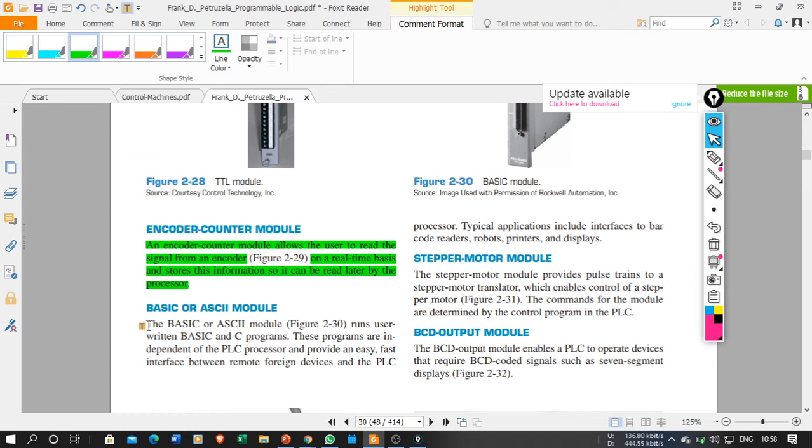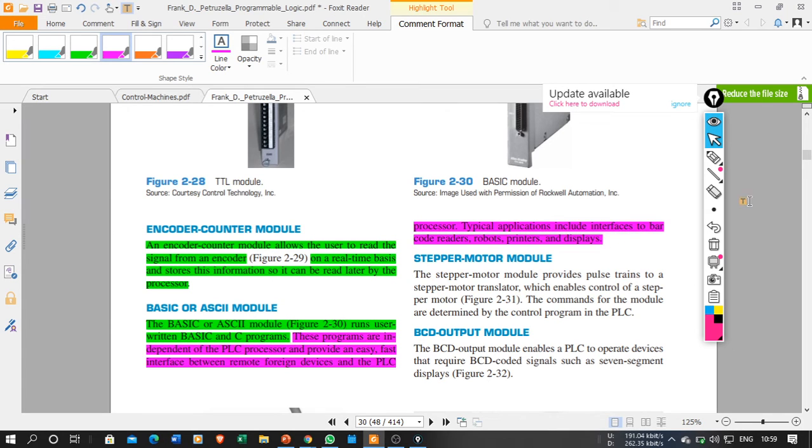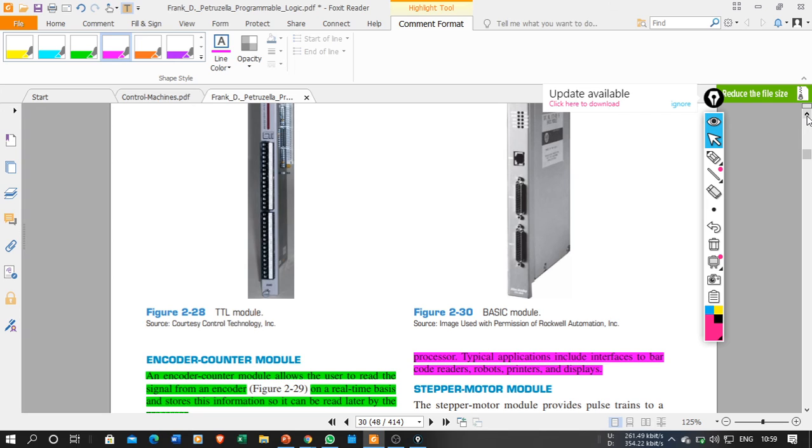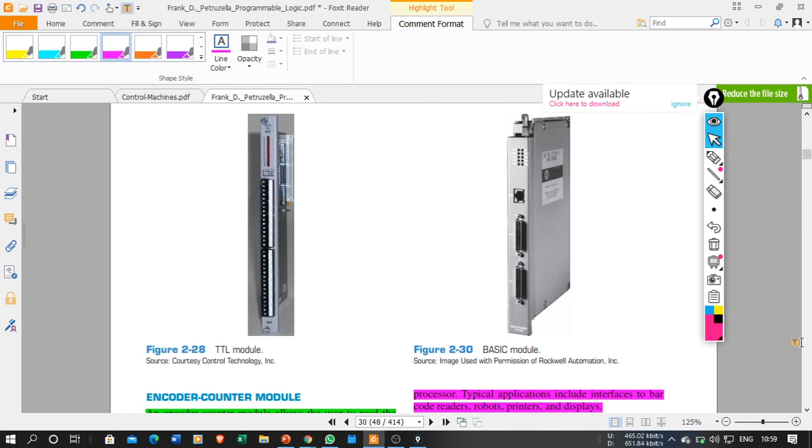The BASIC or ASCII module runs several user written BASIC or C programs. These programs are independent of the PLC processor and provide an easy and fast interface between the remote origin devices and the PLC processor. Typical applications include interface to the barcode reader, robot, printer, display. These programs are not written inside the PLC. These programs are written inside the modules. Barcode readers are what you see in shopping malls and so on, robots, printers, displays. For that we are going to use such a type of module.